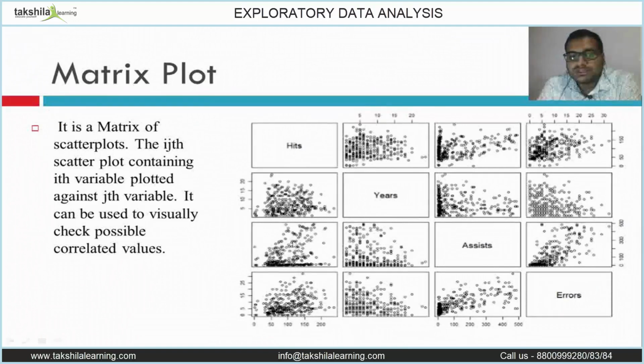For all these plots, the x-axis will be constant, but the y-axis will vary. Similarly here, the y-axis is hits and the x-axis is years, and for these two also the x-axis will be constant and the y-axis will vary. So this is how you can interpret the matrix plot.